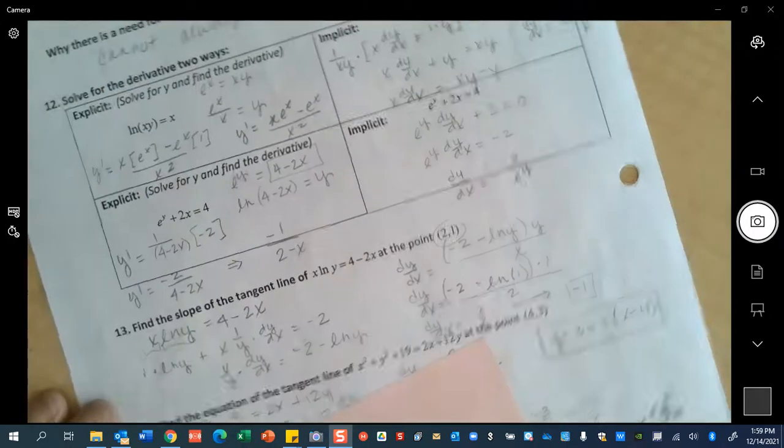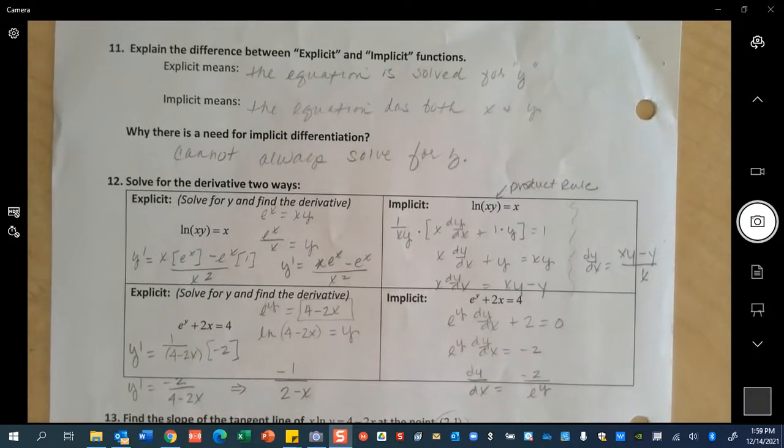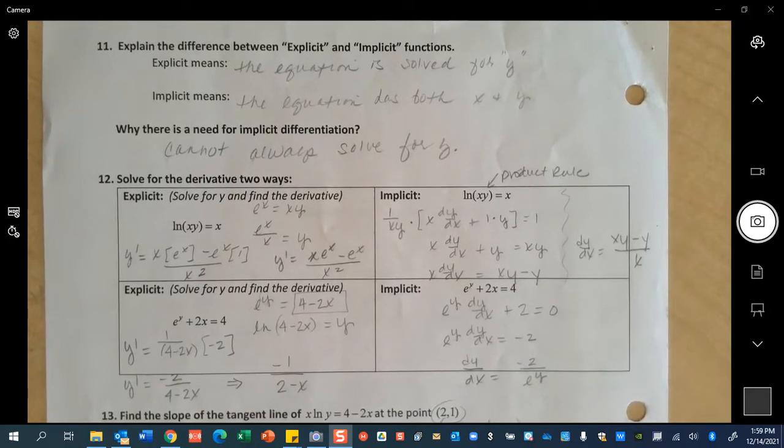And then the difference between implicit and explicit. Sometimes we can solve for y and find the derivative the old way, and that's fine. Sometimes we can't. So explicit is when that variable is explicitly solved for. Implicit means the variables are all mixed up inside.